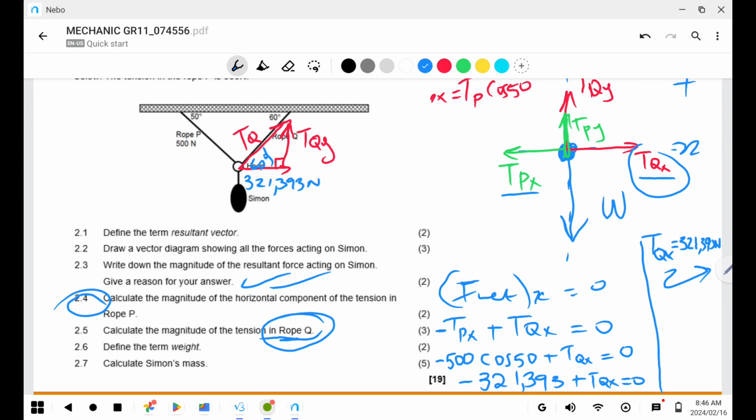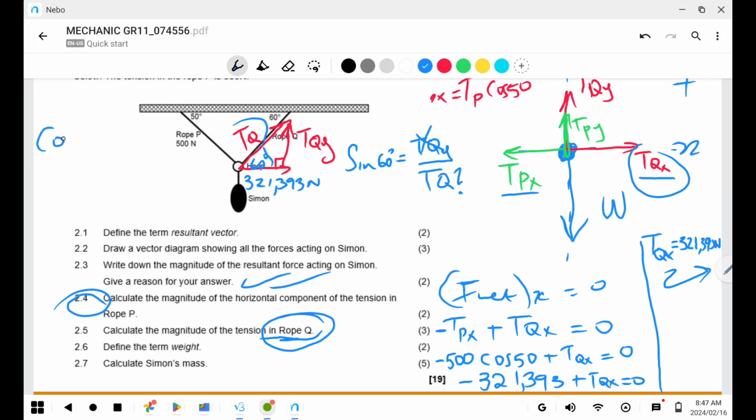If you like, you can use trigonometric ratios to solve this one out. We are trying to find the hypotenuse of this triangle. So let us see if defining sine works. Sine of 60 degrees, that is TQY, the opposite, over the hypotenuse TQ. Do we know what TQ is? That's what we are trying to find. Do we know TQY? No, so this will not be useful. Let us try out the other trigonometric ratio.